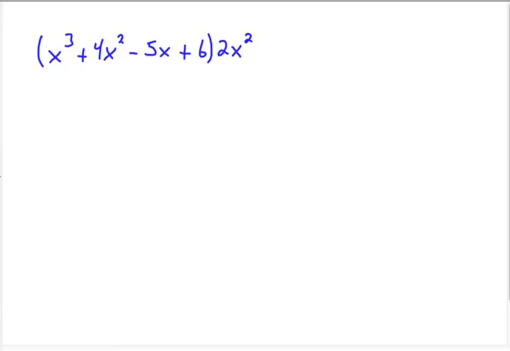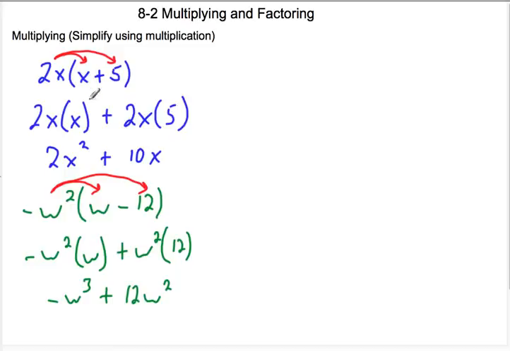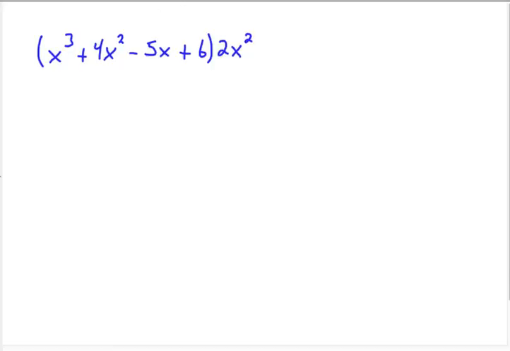We're going to make it a little more challenging. Now when you have the number to the right of the parentheses rather than to the left, like they were in these examples, it doesn't mean anything different. So I just wanted to show it to you that way, because every once in a while it comes out that way. So again, we're just going to multiply this times every single thing in here. And so I usually like to take care of the signs first, because that seems to be one of the more challenging things.